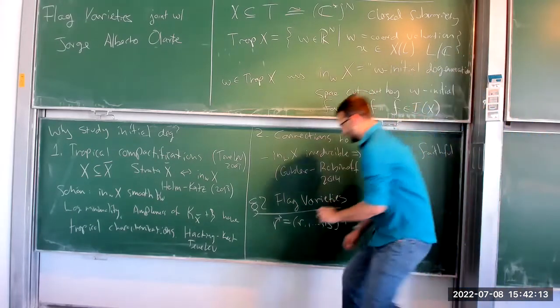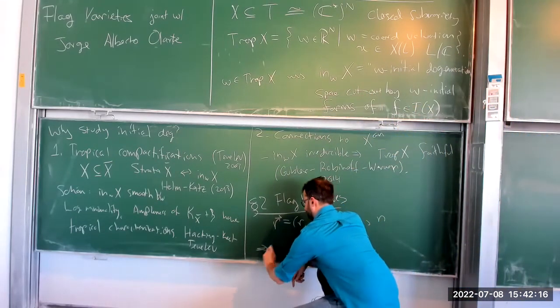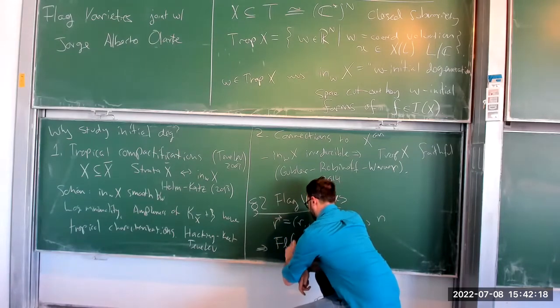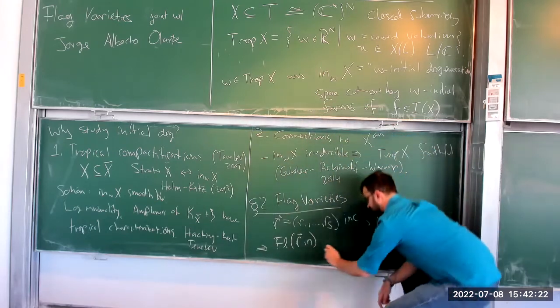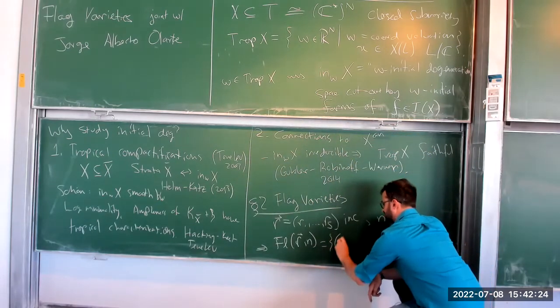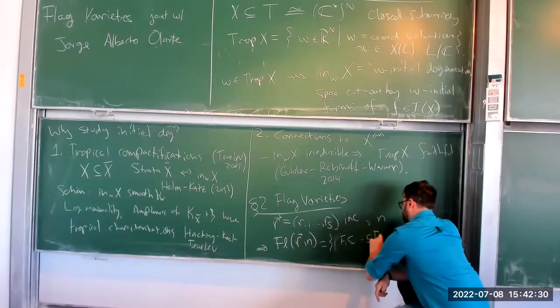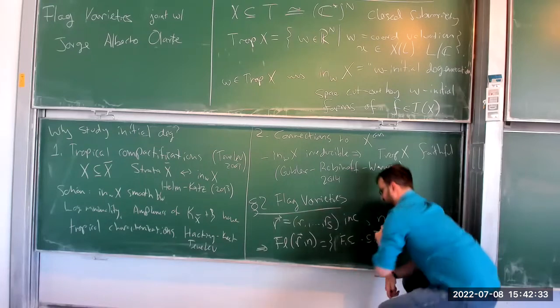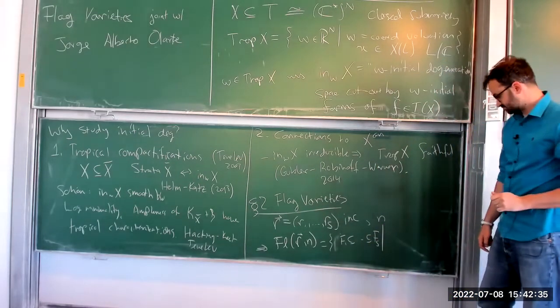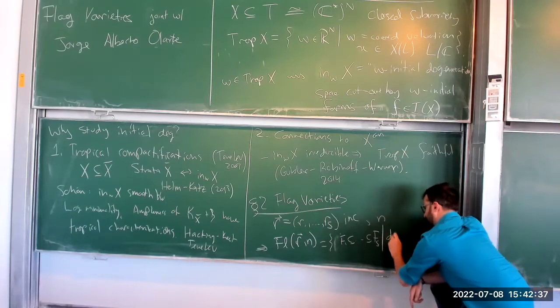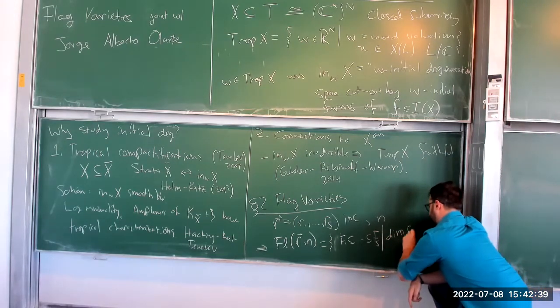And then the flag variety, as a set, is the set of all sequences of subspaces F1 up to Fs, such that the dimension of Fi equals Ri.